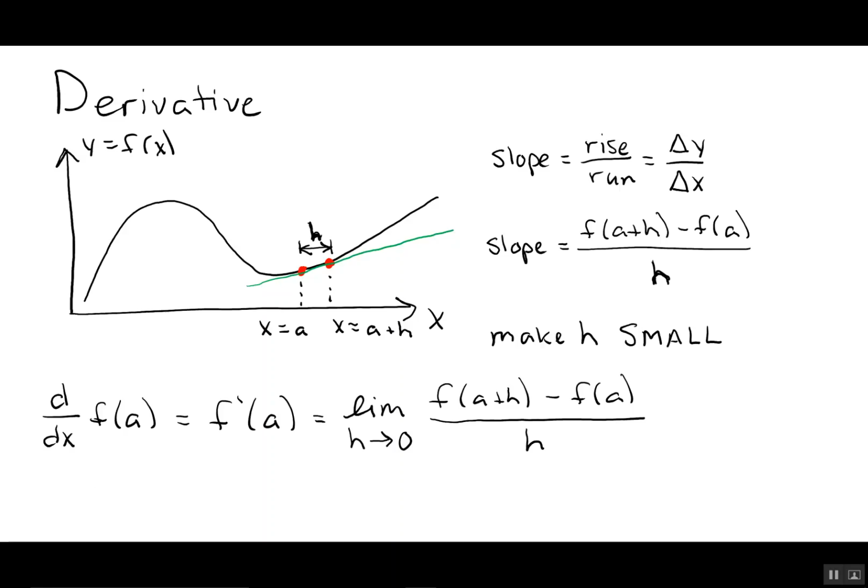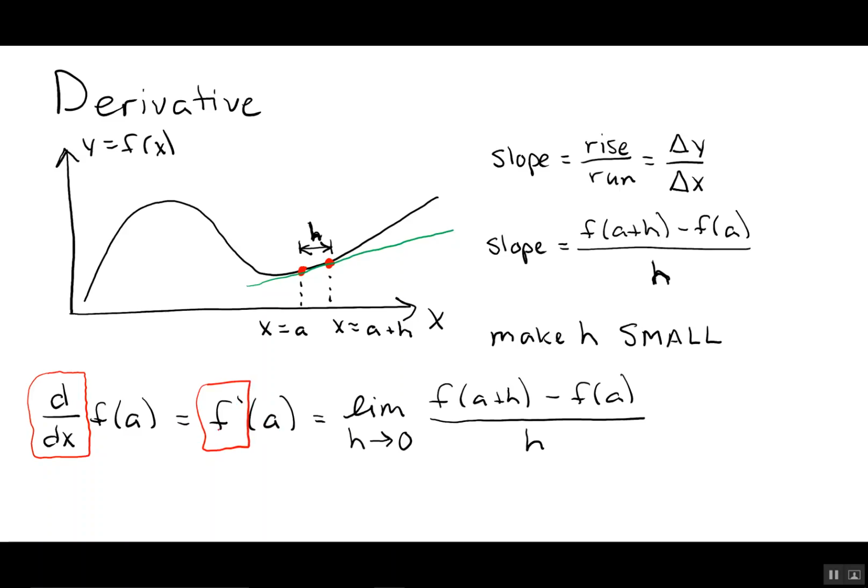What I've written out here are different notations used to represent this operation of the derivative. You'll see this notation with a d over dx in front of the function that you want to find the derivative of at a specific value. D over dx is shorthand for find the derivative of. Even more shorthand is using the prime notation.